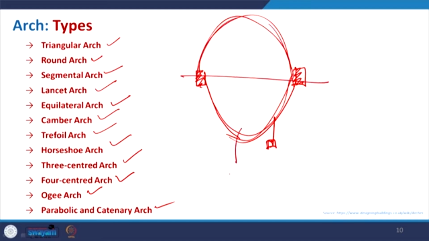This is what we call the catenary curve, and these are catenary arches. Normally, when it is only carrying its self weight, we refer to it as a catenary, but when it is taking some weight of a deck or something, the shape changes a little bit and the parabolic arch will form.